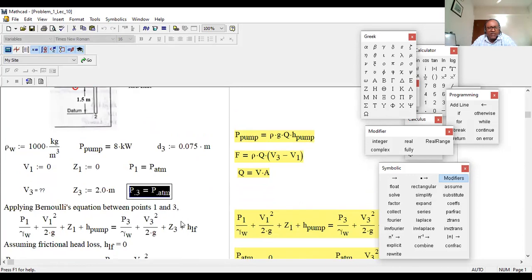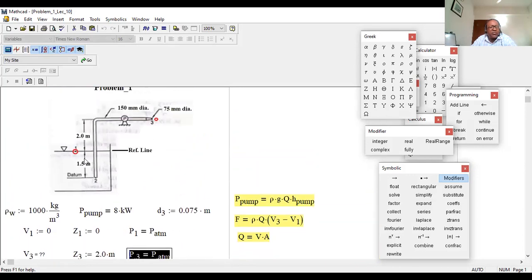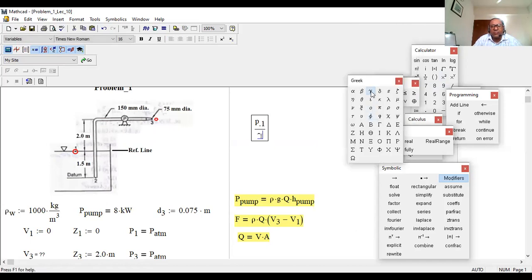Now, you apply Bernoulli's equation between point 1 and point 3. So how can we apply Bernoulli's equation? At point 1, you have P1 divided by gamma, plus V1 square by 2G, plus Z1.